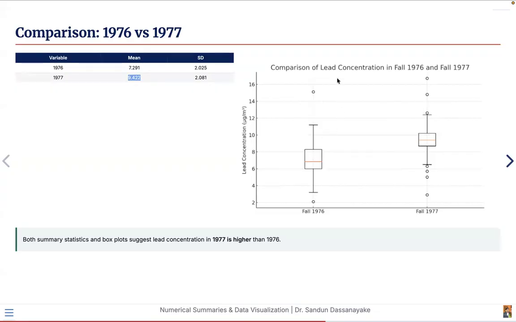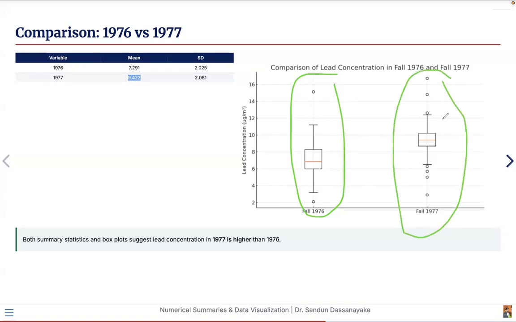When we draw two box plots for 1976 and 1977, we clearly see the difference between the median values. At the same time, you can see the outliers. You can see clearly there are outliers in 1977.